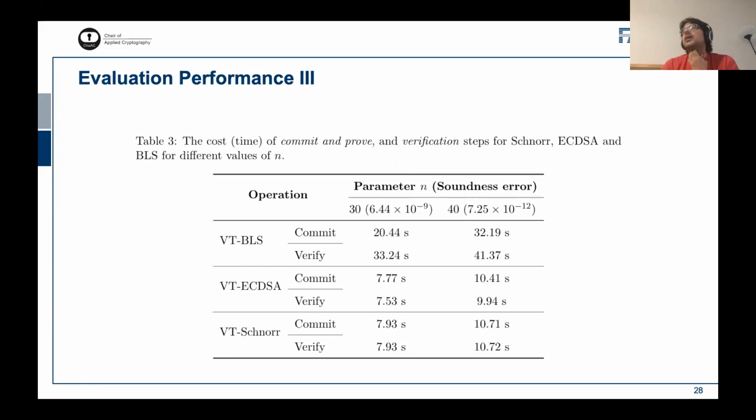I have to do a counting operation here. I'm not sure if we evaluated the communication cost, because it really is off chain.